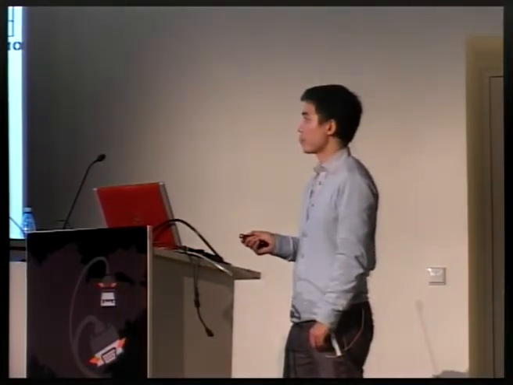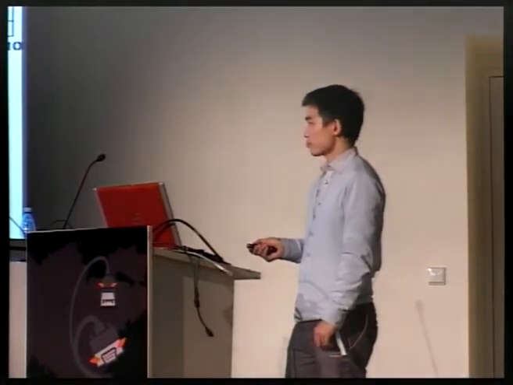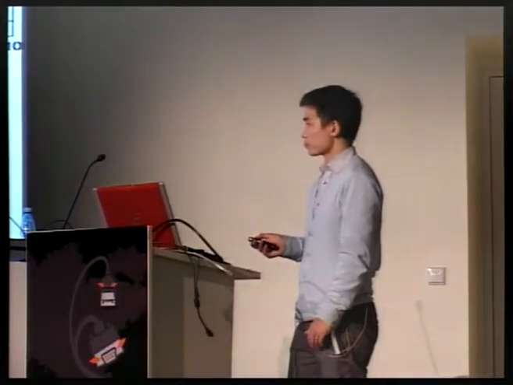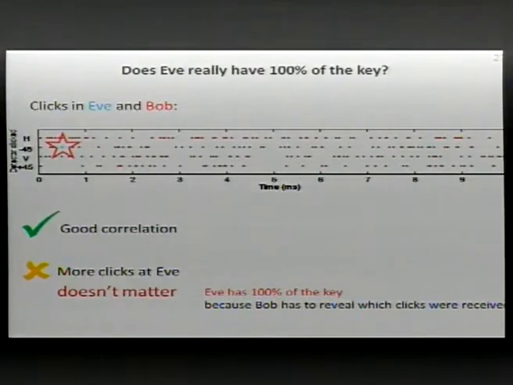By this information, Eve can throw out the clicks she has failed to launch on Bob. So after all, Eve still gets 100% of the information of the keys of Bob. So all the clicks in Bob are a subset of the clicks in Eve.